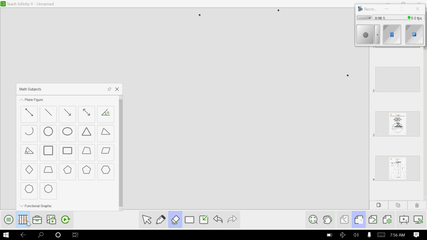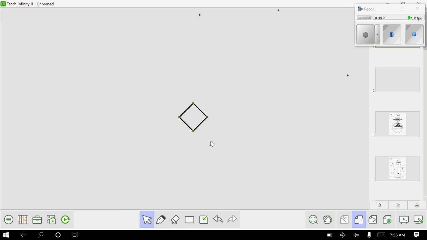Yes, this shape I call a rhombus. In the rhombus, I have four equal sides, but I don't have four equal corners or angles. Only the opposite angles are equal, but all the sides are the same.